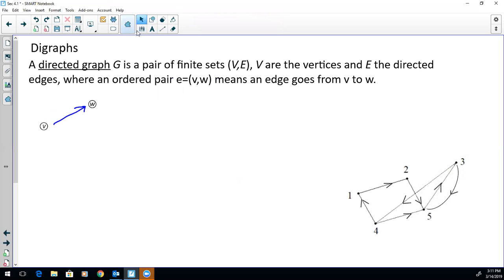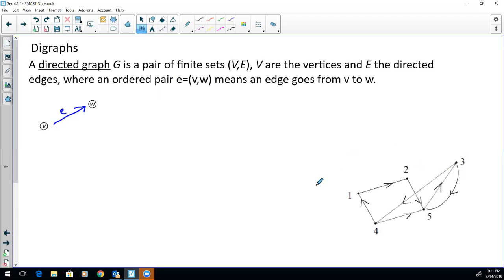Okay, a directed graph can be weighted. Okay. So we could have one-way streets and so on that have distances attached to them.